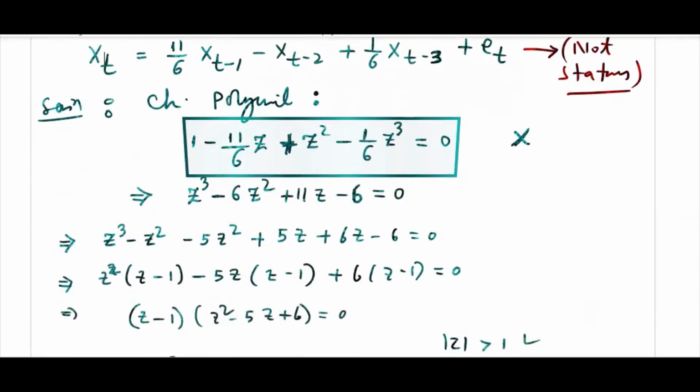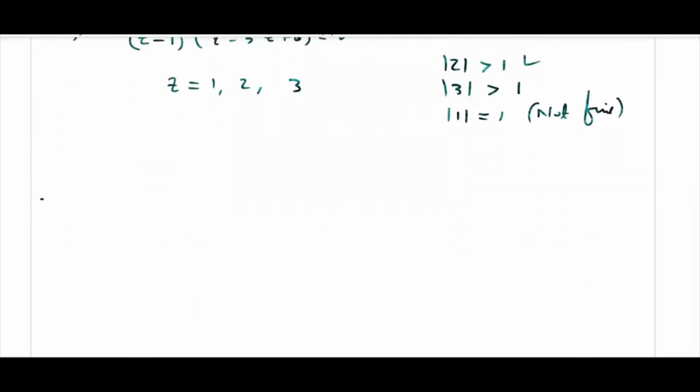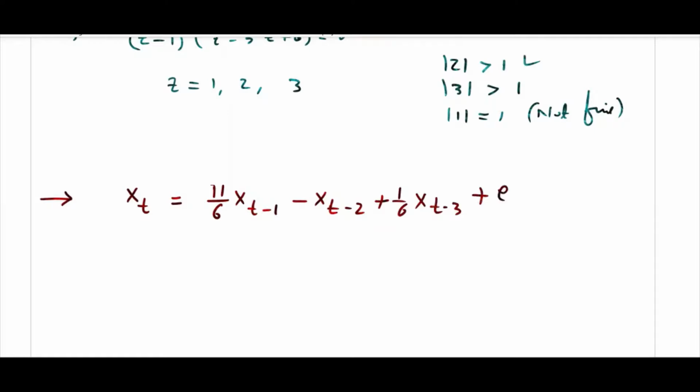Now let me write it once again. X_t equals 11 upon 6 X_{t-1}, I think it was minus X_{t-2}, X_{t-3}, plus e_t.